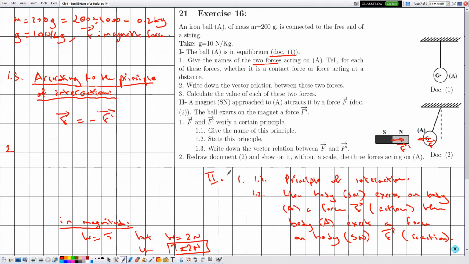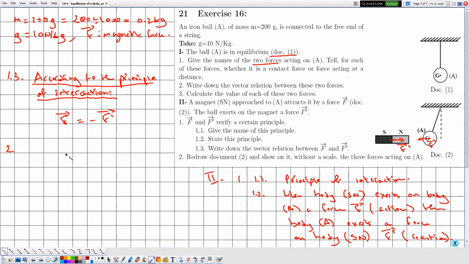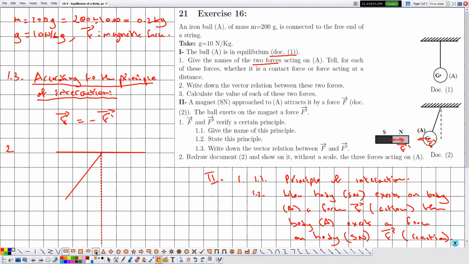Now in number 2, they are telling me redraw document 2 and show on it without a scale the three forces acting on A. So first let's draw it. So this is the support, this is the vertical, this is the suspended string, and this is the solid A like this.